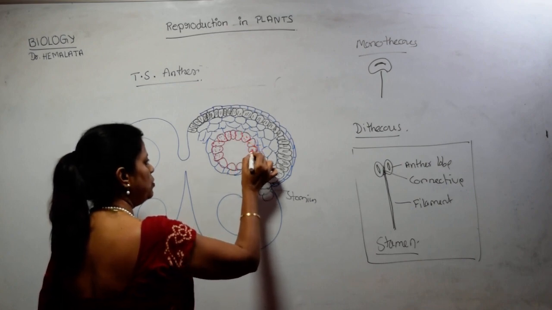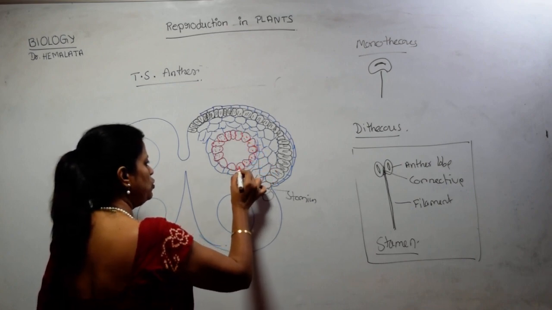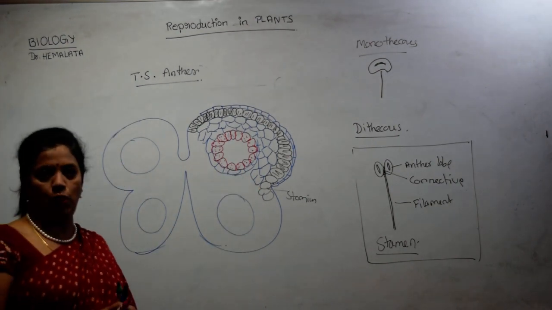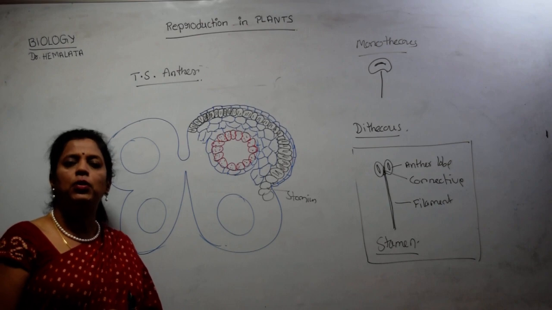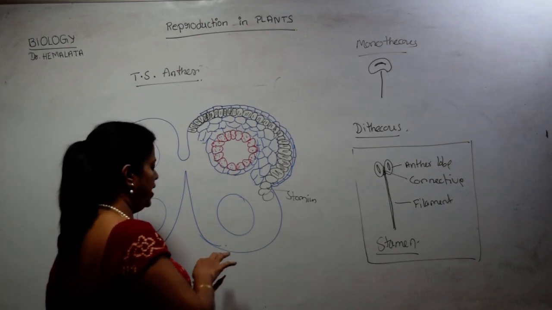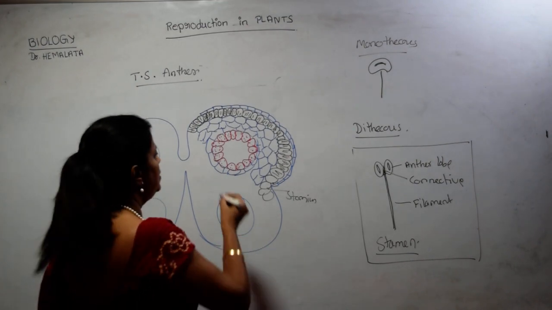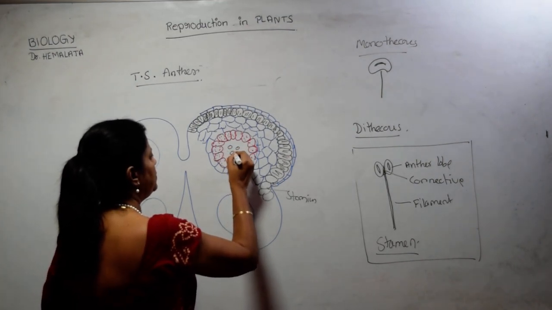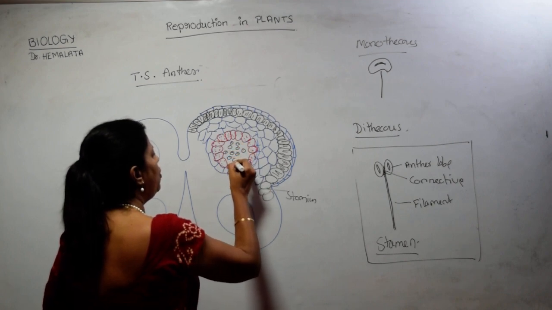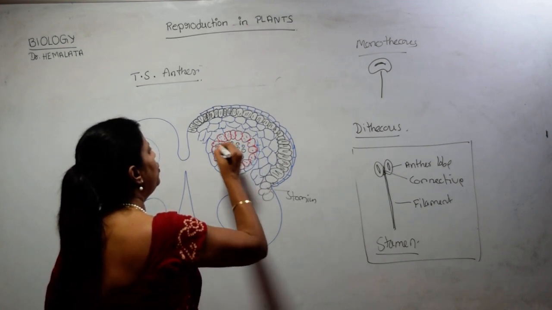See, whatever I am saying, you just keep concentrating on the diagram also and listen to me also. They contain something called Ubish bodies. These Ubish bodies produce sporopollenin. Right? Within this, you find the male gametes. These are the pollen grains. So one diagram I drawn like that. All the 4 pollen sacs you are going to fill it.